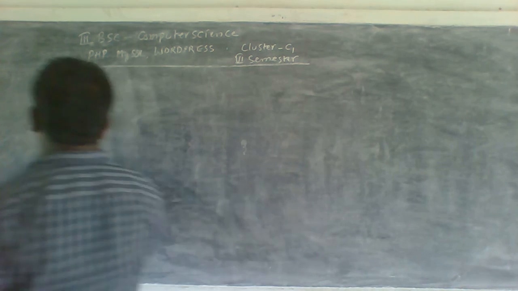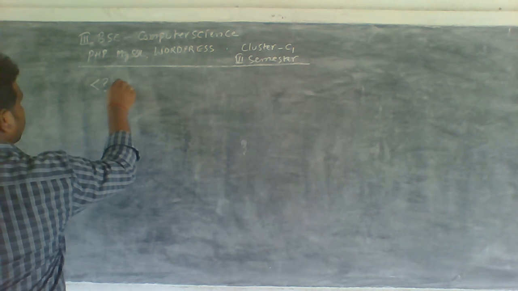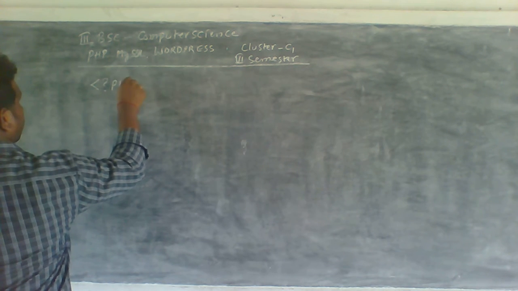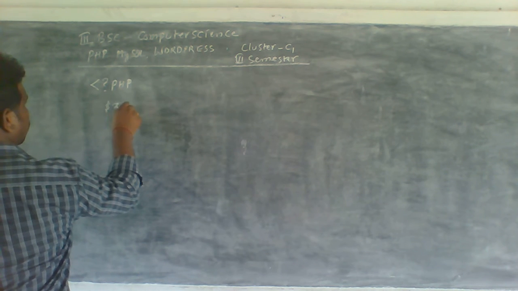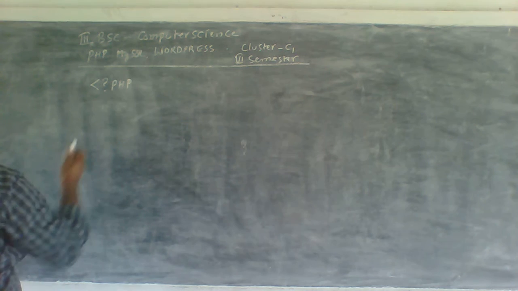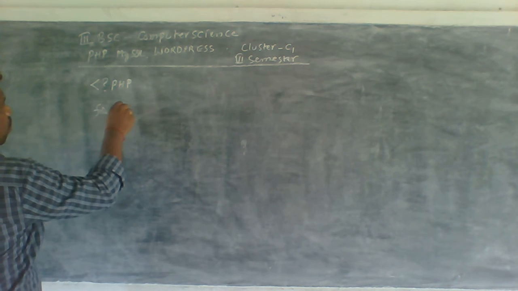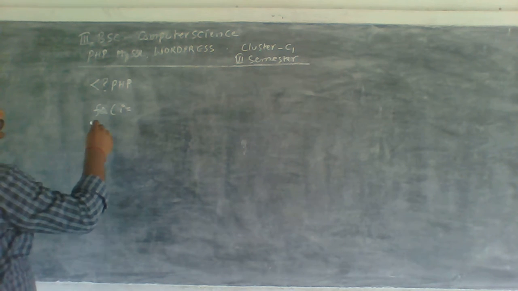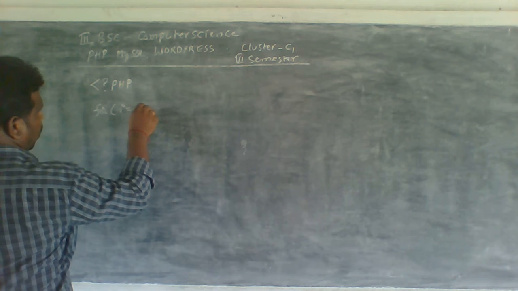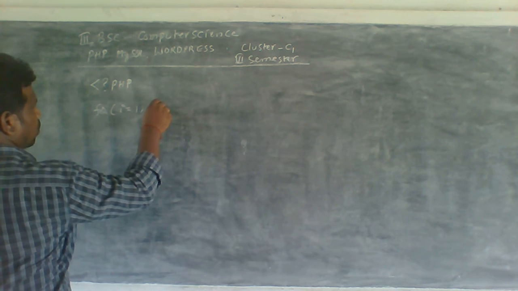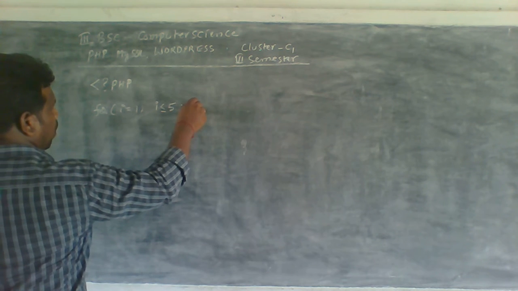In this case, we start PHP using the opening PHP tag, and here we can declare the variable x. We write the code directly using the for loop. In the for loop, x is equal to 1, and we place the condition i less than or equal to 5, and then the semicolon, i plus plus.